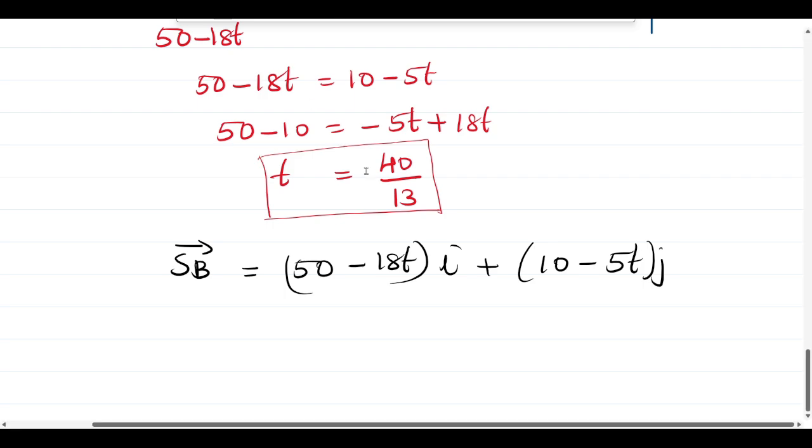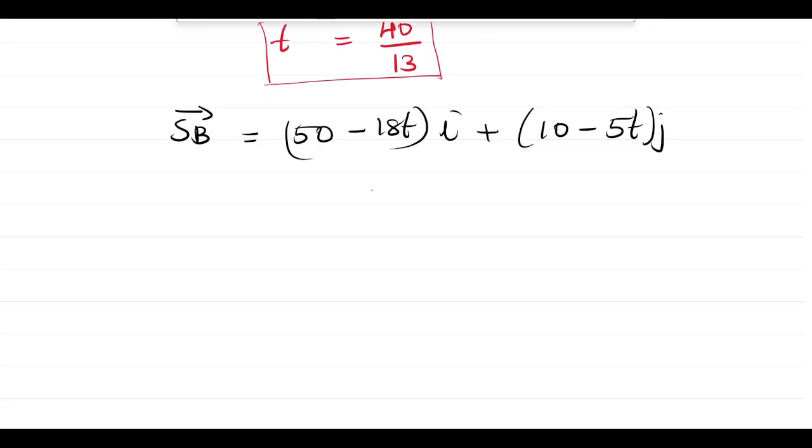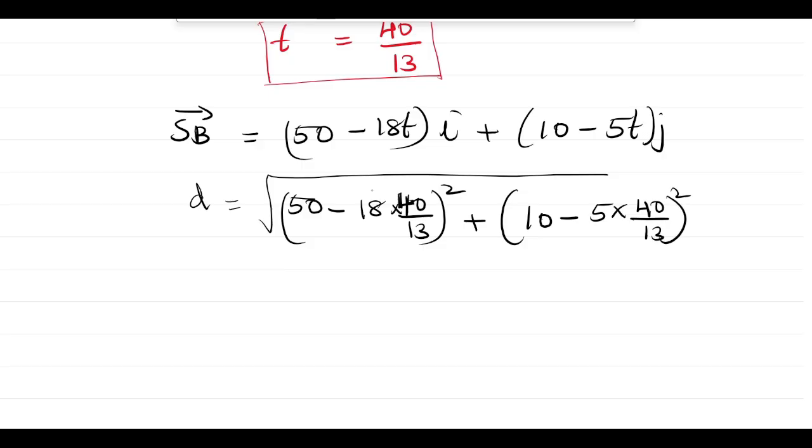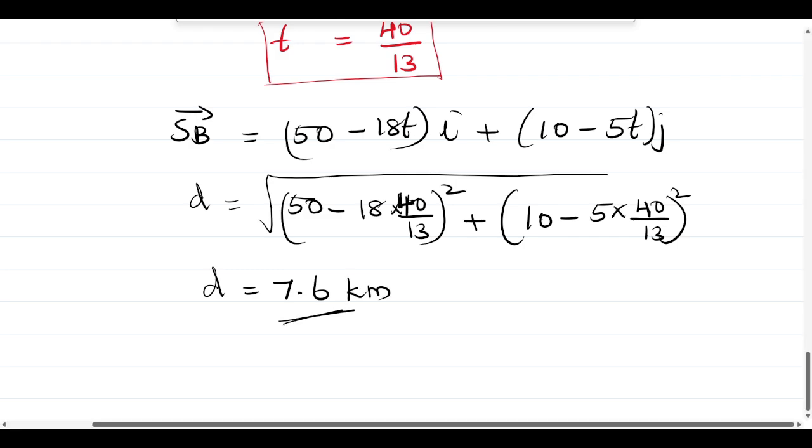So the distance equals the square root of 50 minus 18 times 40 by 13, the whole squared, plus 10 minus 5 times 40 by 13, the whole squared. By using the calculator, the distance is approximately 7.6 kilometers. This is the last part of the question.